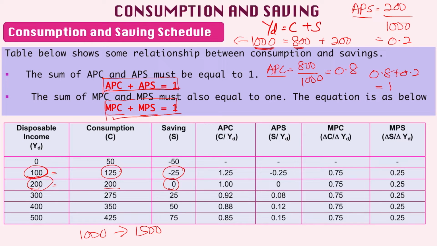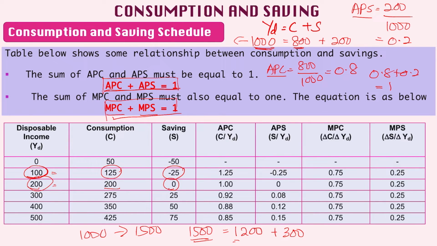When your income is 1,500, your consumption, I would say, is 1,200 and your saving 300, so it equals 1,500. How do we get MPC?